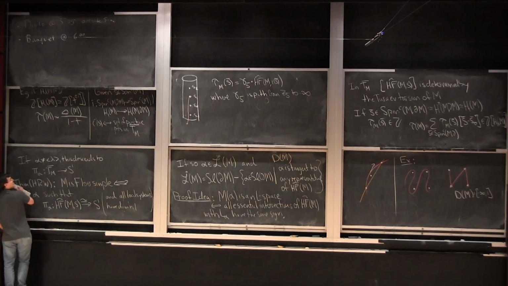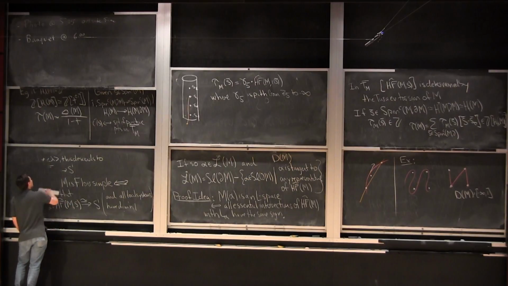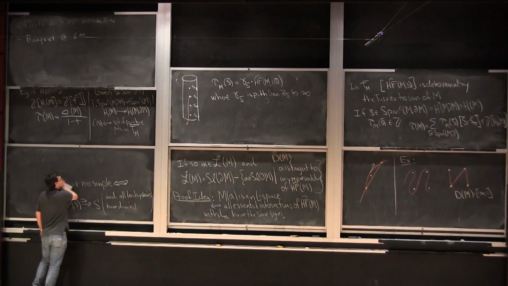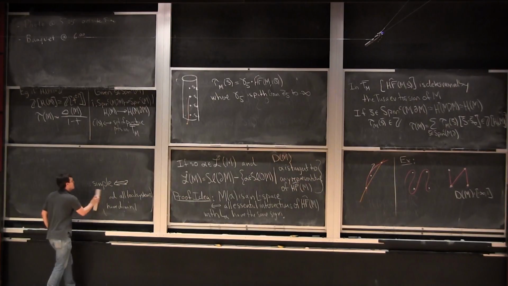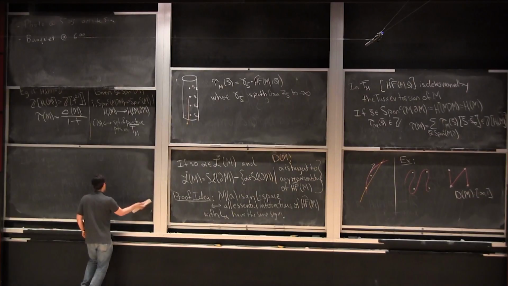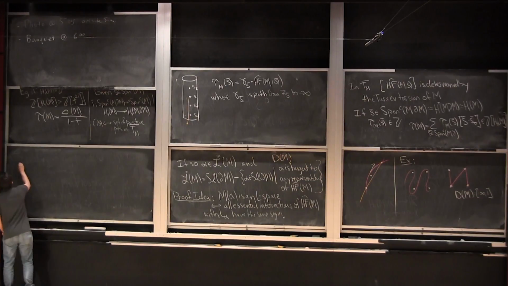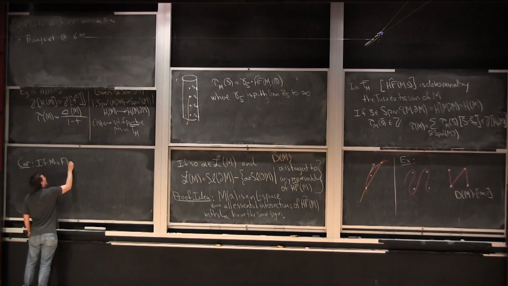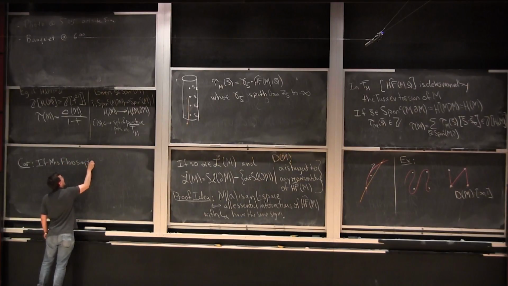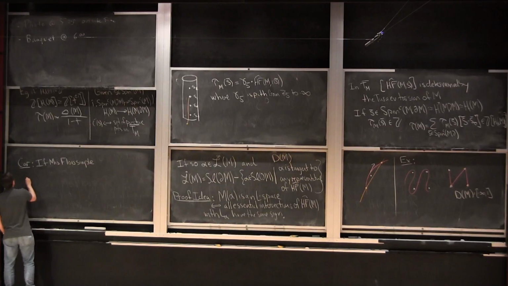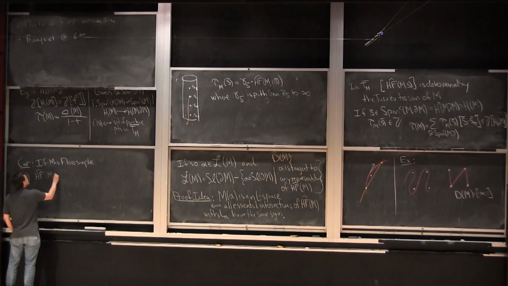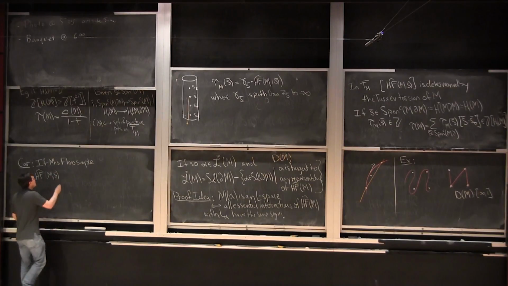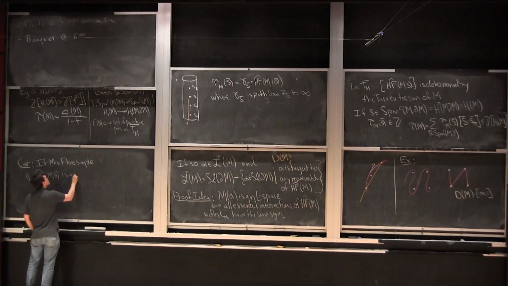So maybe mention some corollaries of this theorem. Suppose M is Floer simple. Then each of these curves HF hat of M S projects one-to-one to the circle, so this is a simple closed curve.